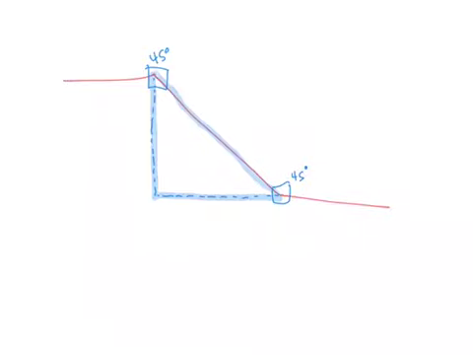Whenever you have two 45s, that automatically tells you that this measurement is going to be exactly the same as that one. And then this measurement will be just that number multiplied by 1.414.